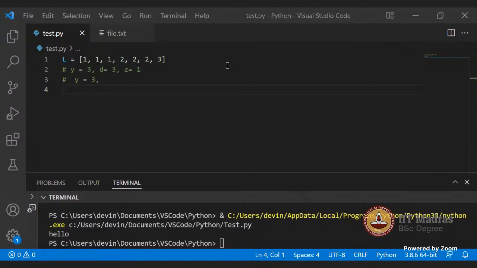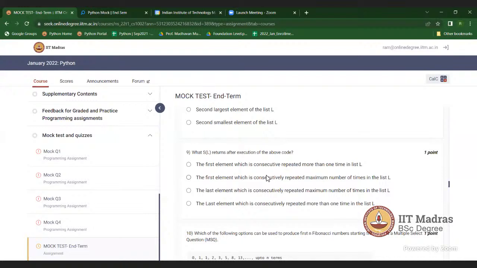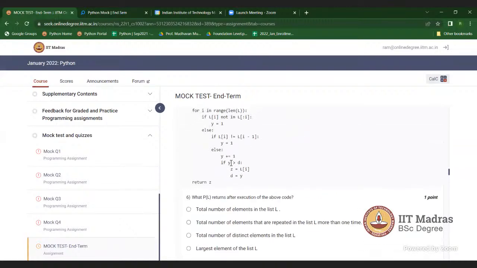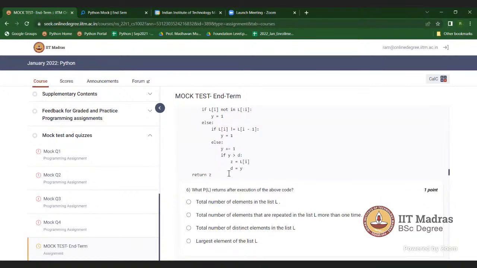The same thing is happening here. Even though other elements could have been consecutively repeated the maximum number of times, since we are checking y greater than d only, not y greater than or equal to d, we'll have only the first element.